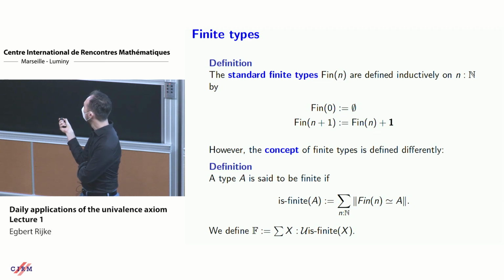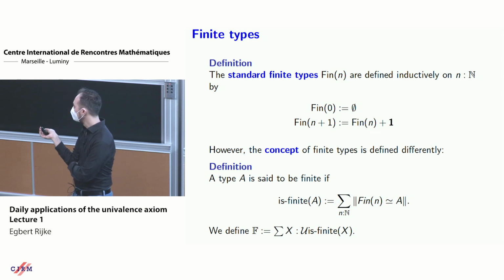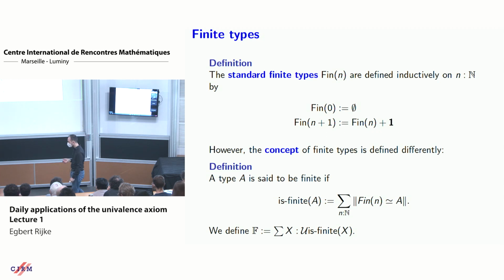So if you see a sigma and a property here, then it's kind of analogous to set comprehension, the bracket notation for sets.